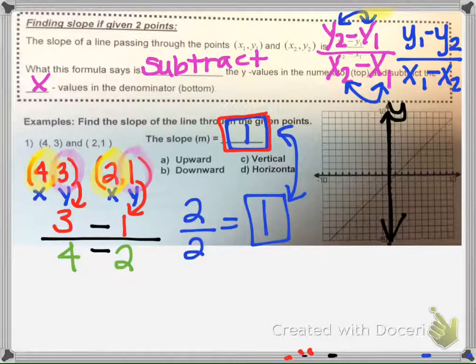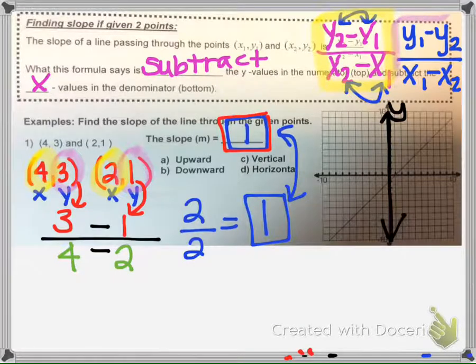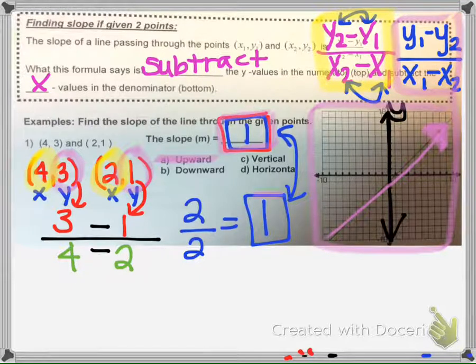So what I'm trying to show you is you could use either of these formulas, and they both are equivalent here. So now we know, because we've talked about before, that since the slope is +1, if it's positive, that the line will go up. And notice over here I do have the graph graphed for us, and from the left to the right, notice it is going up.